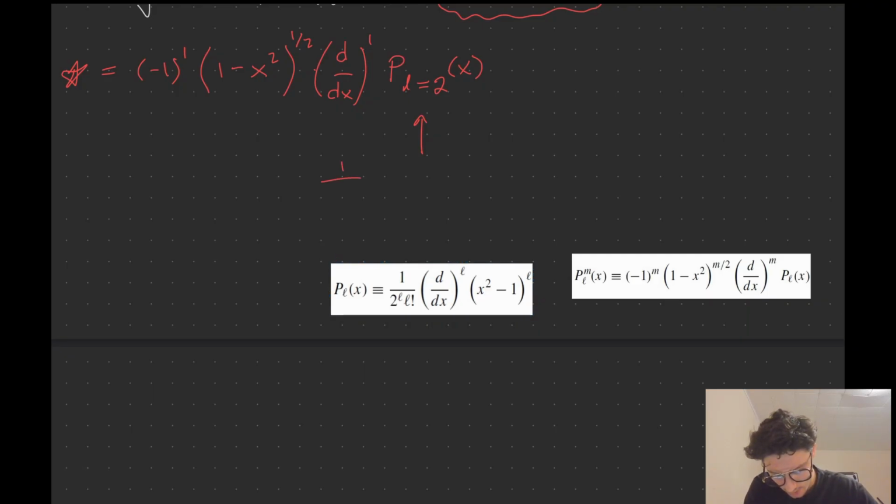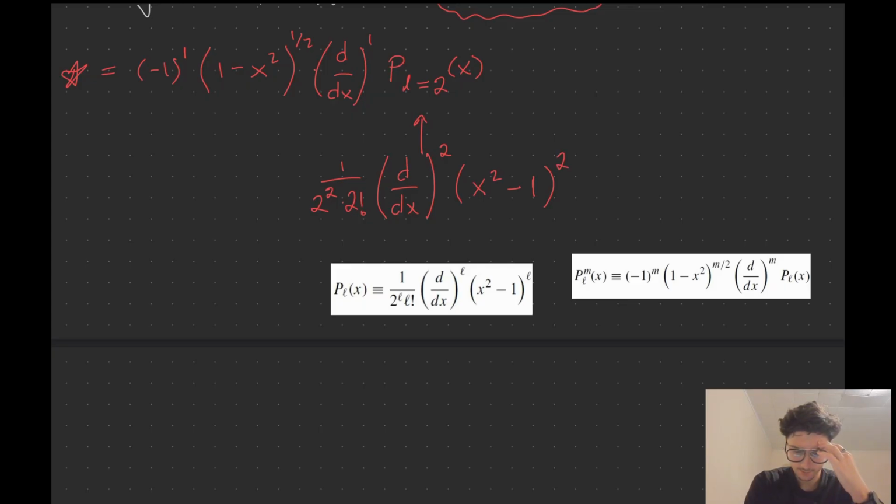This is 1 over 2 to the L, which is 2 to the 2, and then we have times 2 factorial. Not bad. Then we have a derivative with respect to x, d dx, to the power of L, which is 2. Then we have x squared minus 1, to the L. Oh, L here is a 2.